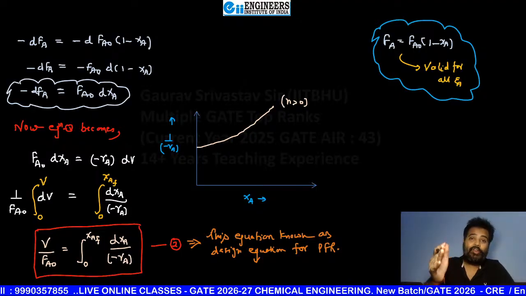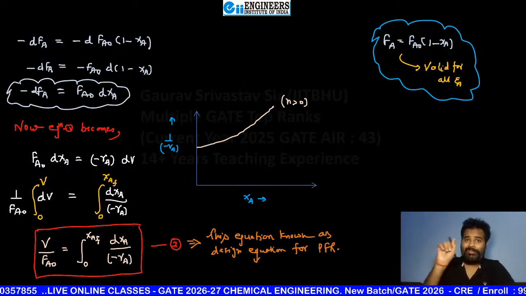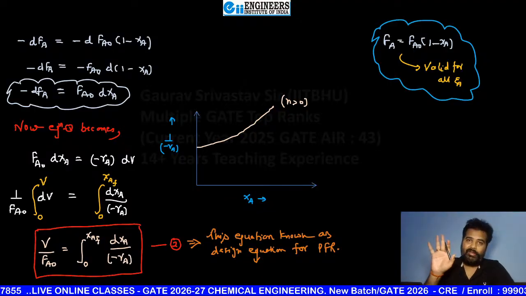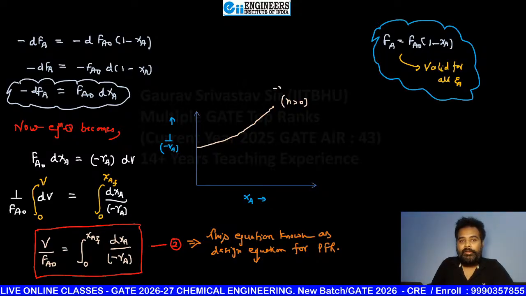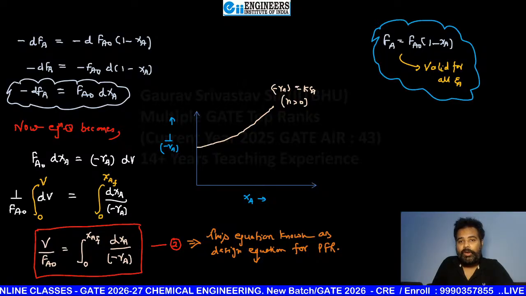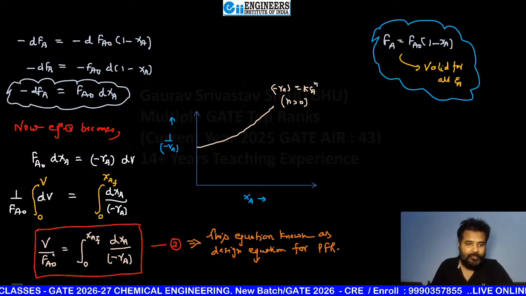Also for a defined order reaction the RA expression is not like K CA upon 1 plus K CA, it's simply K CA raised to power n. So this type of typical graph you will get.